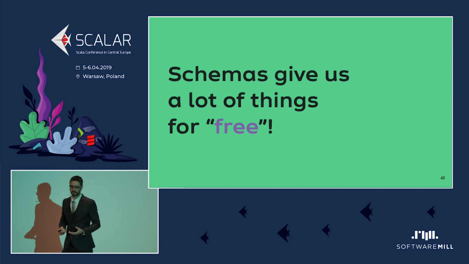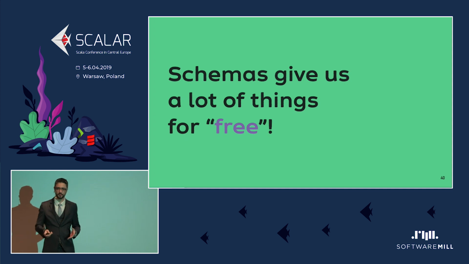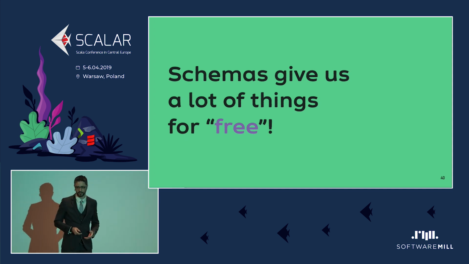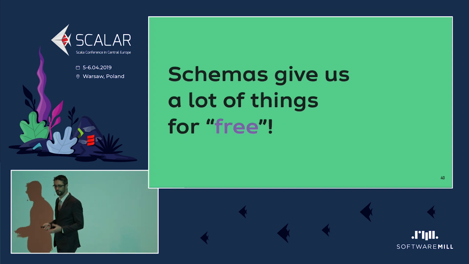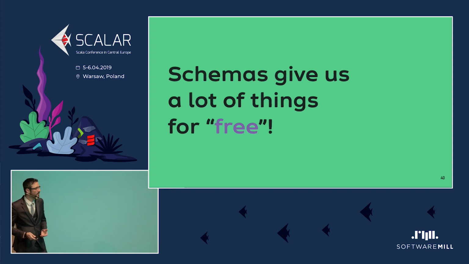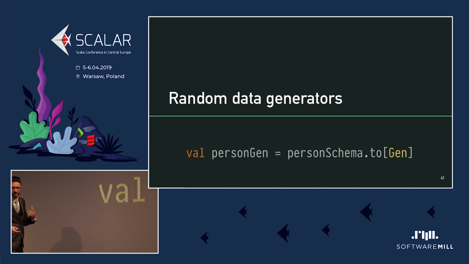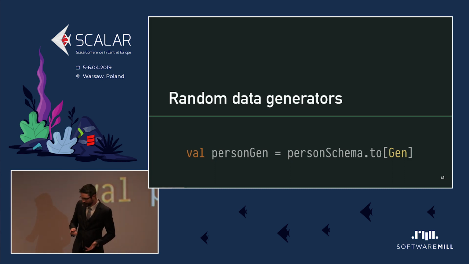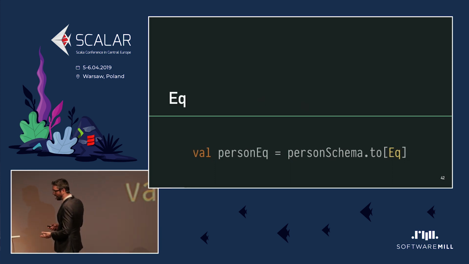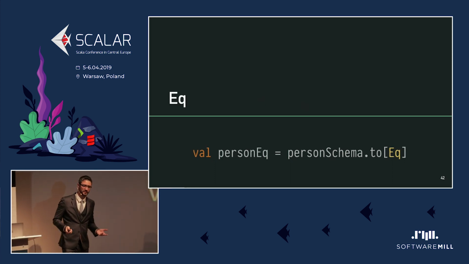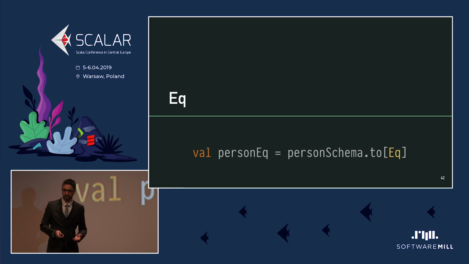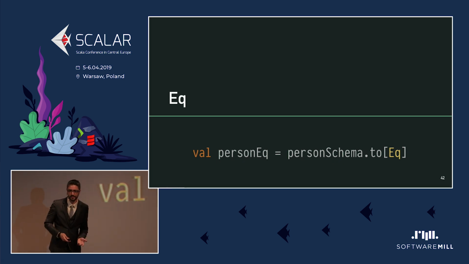Having schemas, the correct abstraction about the structure of data, and this mechanism of derivation, we have a lot of things that come for free. You could, for example, have ScalaCheck generators with just a line of code. You could have equality type classes with just a line of code.